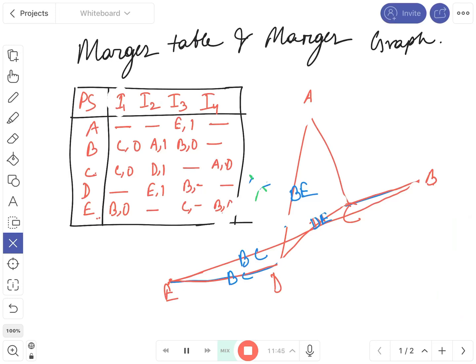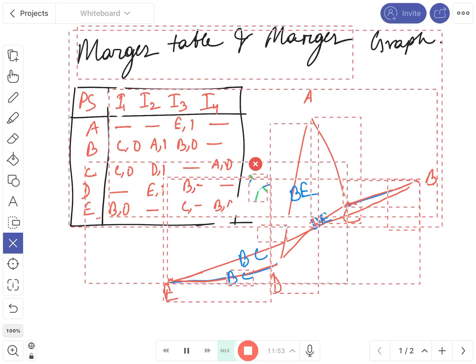So let us draw the refined merger graph again. I have to draw somewhere else because I have a space constraint. So I am drawing this merger graph.